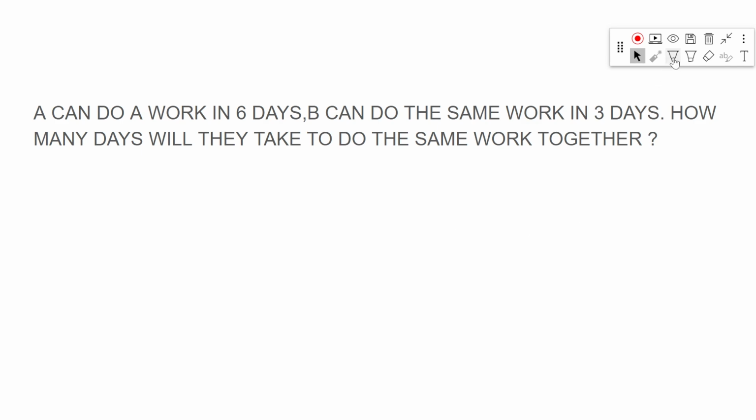Whenever they are asking the work together, we have one simple formula: A into B over A plus B, to know how many days they will take to do the same work together. We have to use this simple formula whenever we have this kind of question.